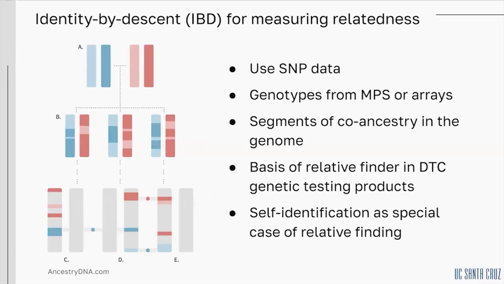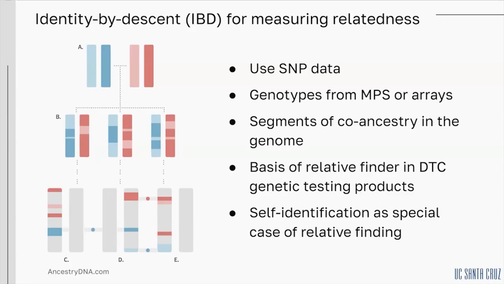Because of these drawbacks, in recent years, single nucleotide polymorphisms, or SNPs, have been explored as an alternative to the STR system. These variants can be genotyped directly from the sequence data or through microarrays. Genome-wide SNPs can also be used to detect shared regions of common ancestry along the DNA sequences of two people.